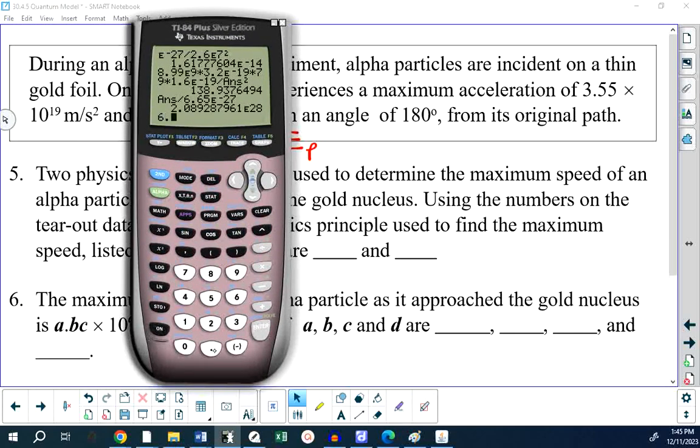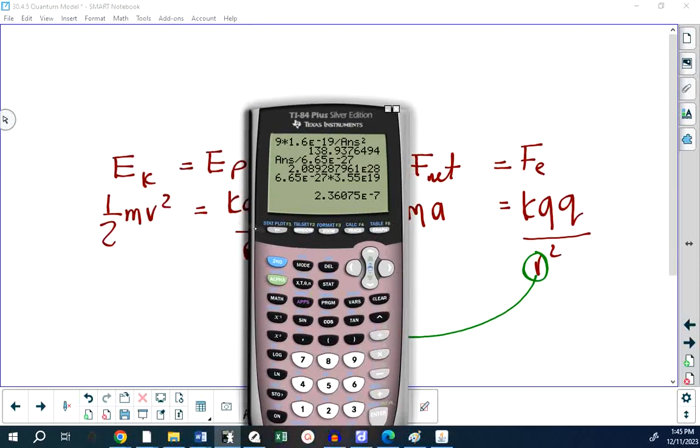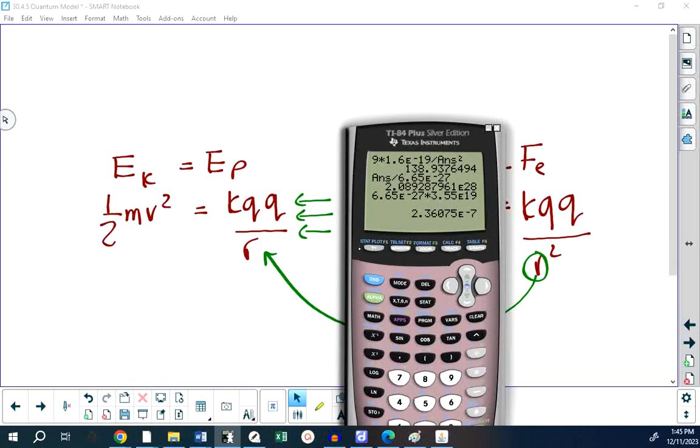So 6.65 multiplied by 10 to the negative 27 multiplied by the acceleration. Okay, not 139 newtons this time, but that's okay, it doesn't matter. So the mass times the acceleration gives me that. This number on my calculator right now, everybody, is equal to kqq over r squared.